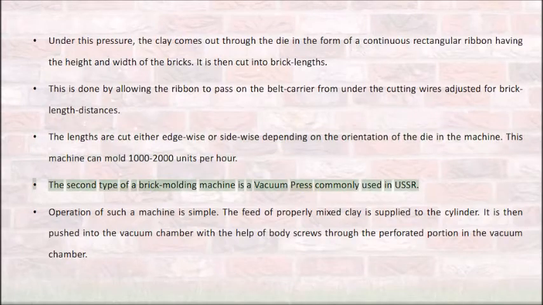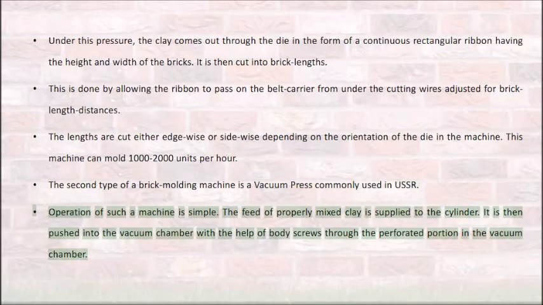The second type of brick molding machine is a vacuum press commonly used in USSR. Operation of such a machine is simple. The feed of properly mixed clay is supplied to the cylinder. It is then pushed into the vacuum chamber with the help of screws through the perforated portion in the vacuum chamber.